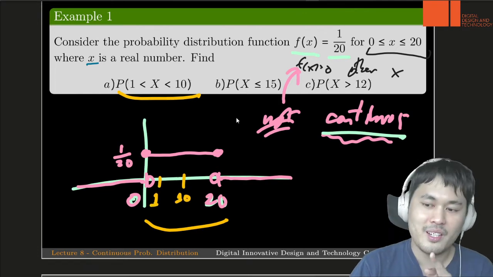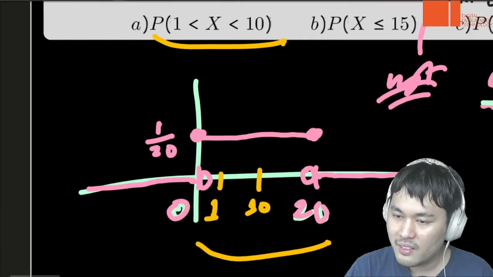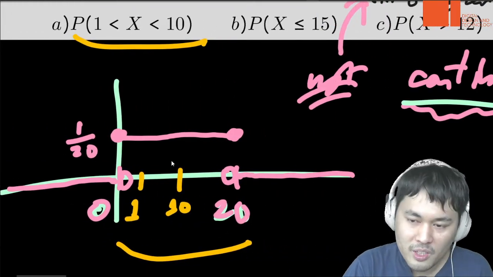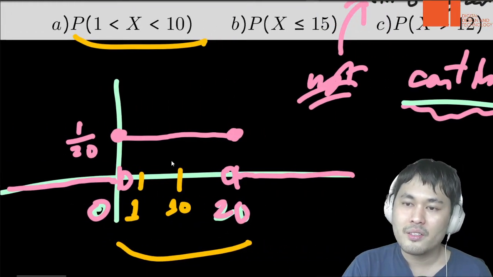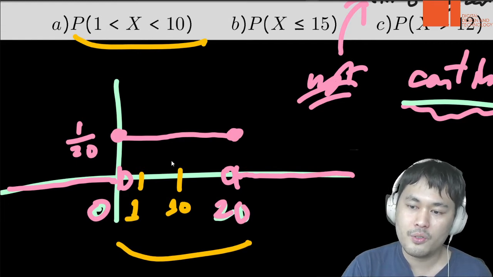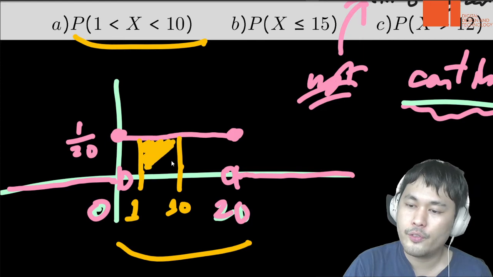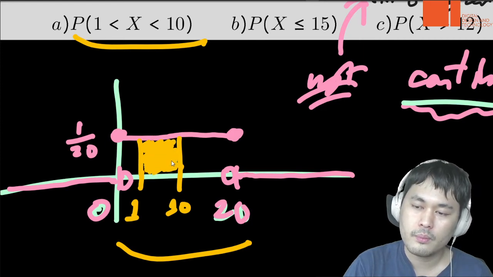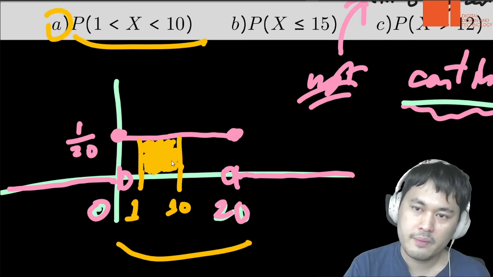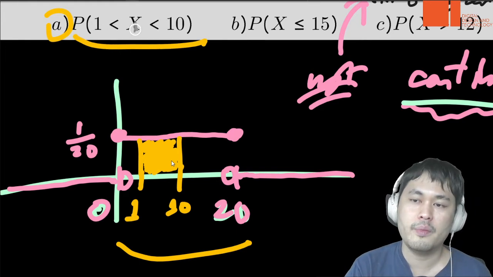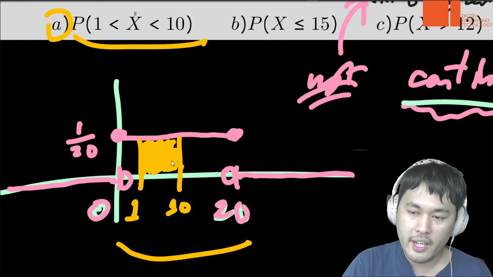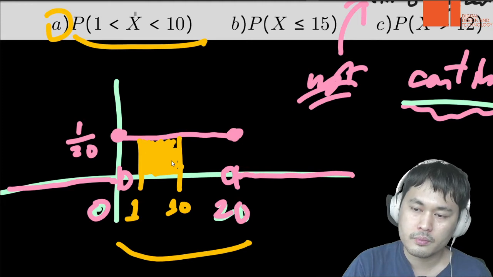This is not to scale, let me zoom in a little bit. One should be to the left, but anyway. So the probability of x being between these two is equal to the area of this rectangle.